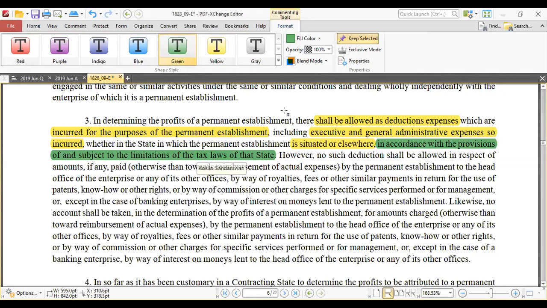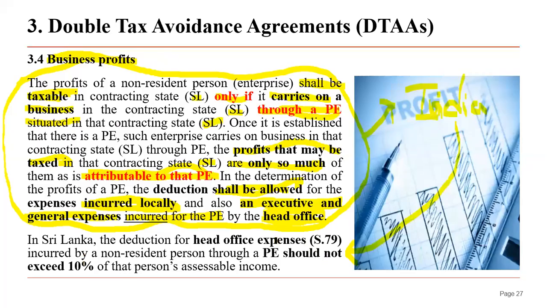What is the relevant section under domestic law? Section 79 is the relevant section when we are deducting head office expenses. If you are a non-resident person, let's say a branch office, and you are doing the tax computation, you need to check whether head office expenses are there.